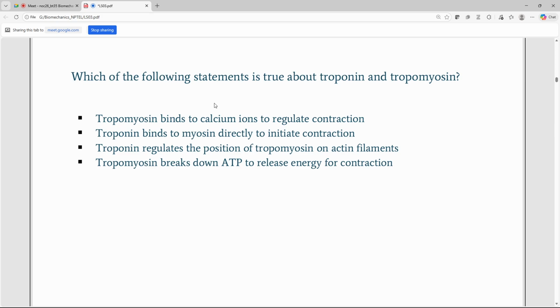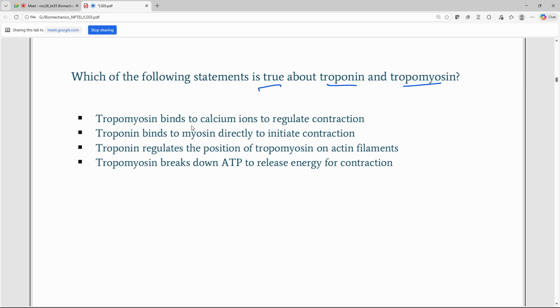Next question, which of the following statements is true about troponin and tropomyosin?